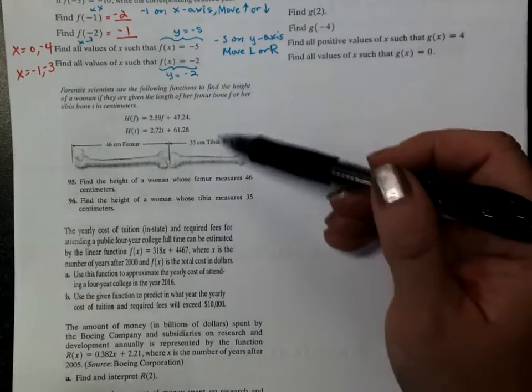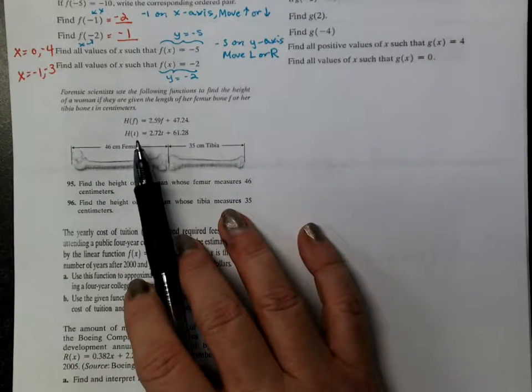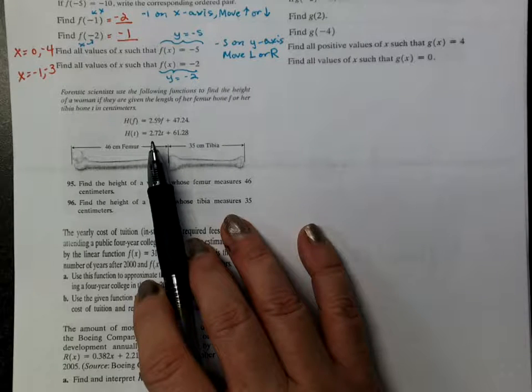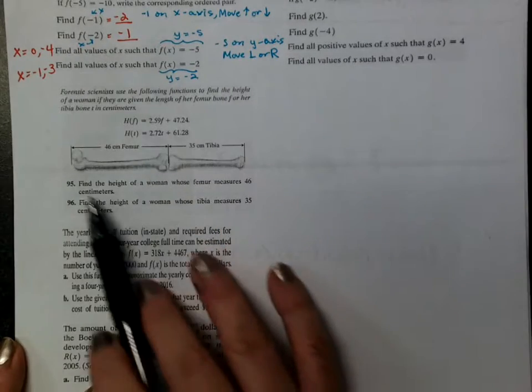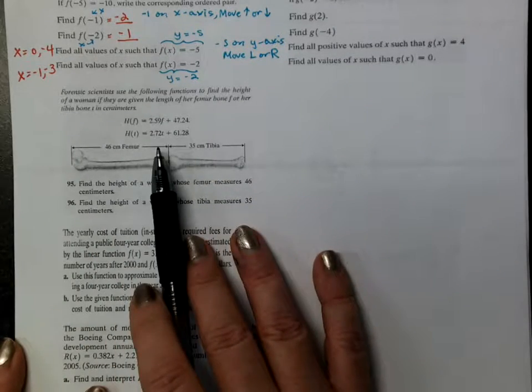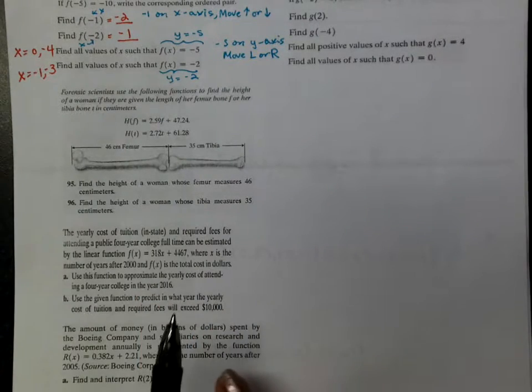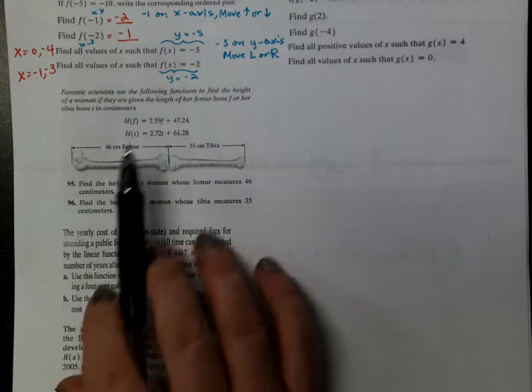Criminal sciences use that. All sorts of fields use functions to understand past situations and predict future situations, because when certain real-world situations follow certain relationships, they can be modeled by functions, and you can use those functions to predict or to find older information.